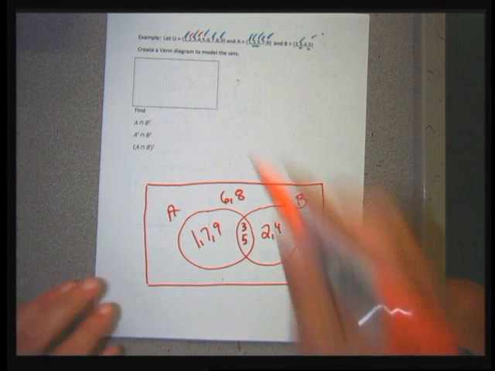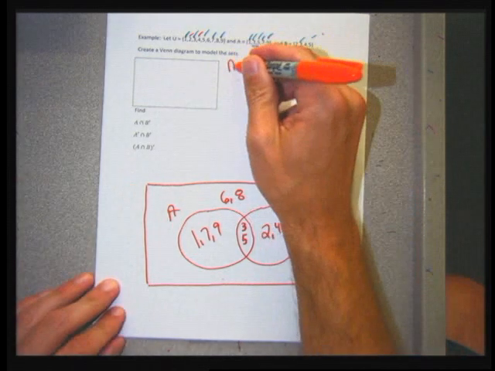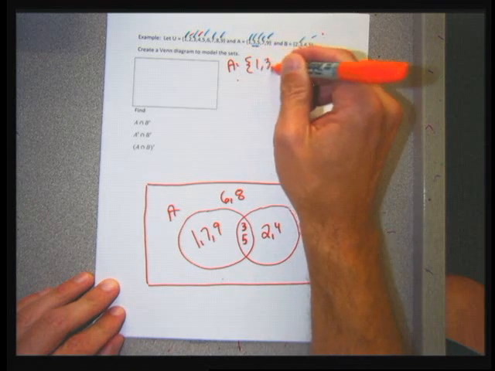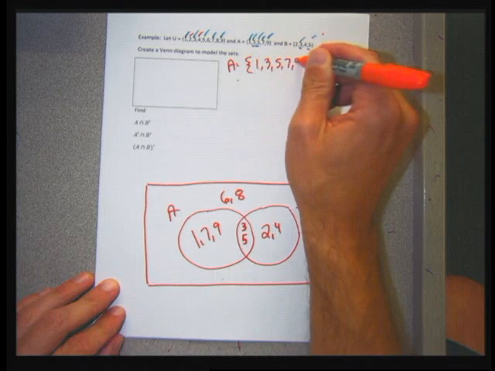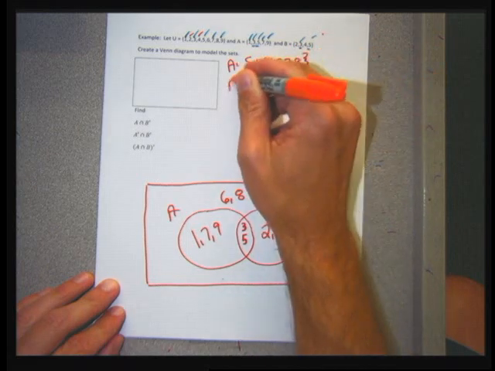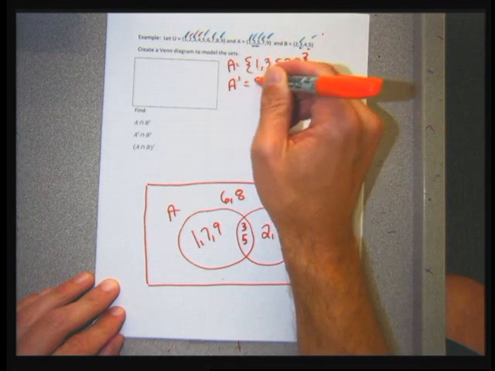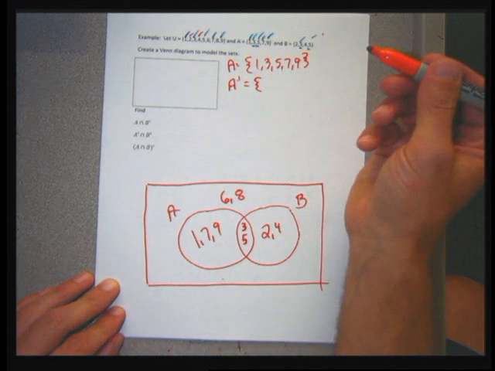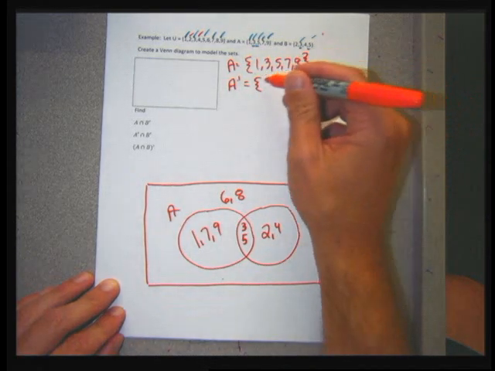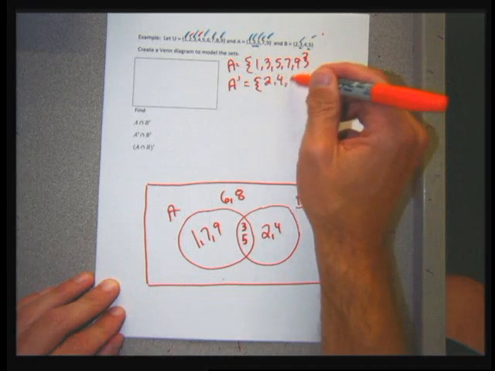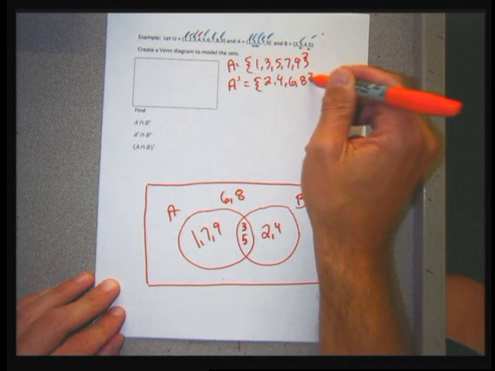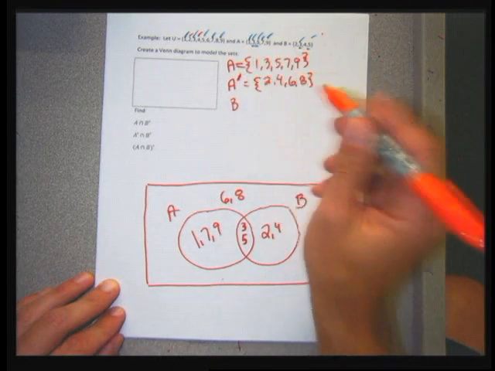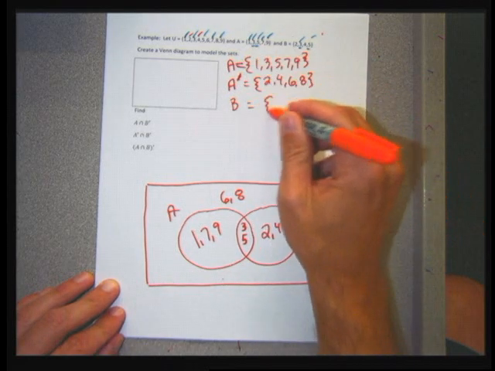If I want to write down what sets are important, A is the set that's given to me, 1, 3, 5, 7, and 9. A prime is going to be any number that's in the universe other than those numbers. A is the odds, so A prime is going to be the evens. It's going to be 2, 4, 6, and 8. B was the set 1, 2, 3, 4, and 5.